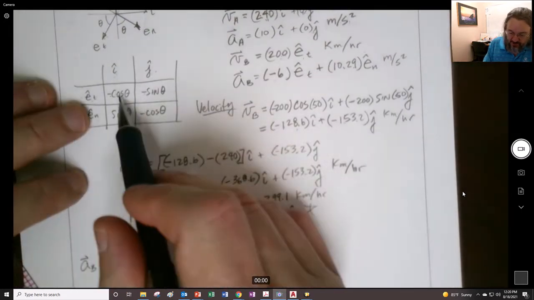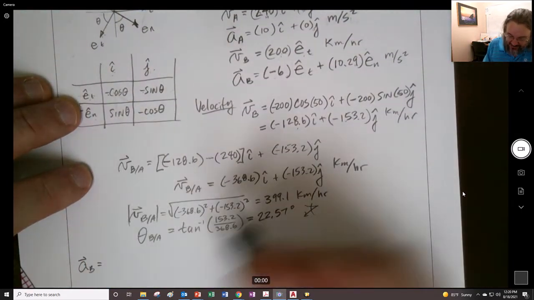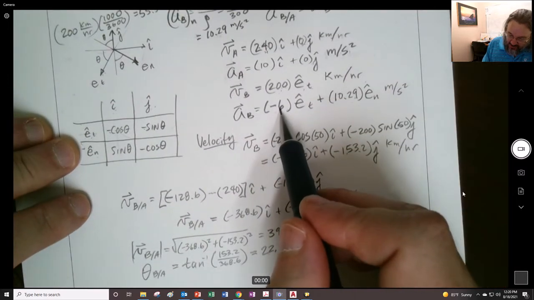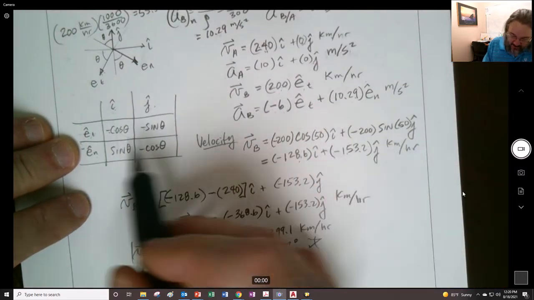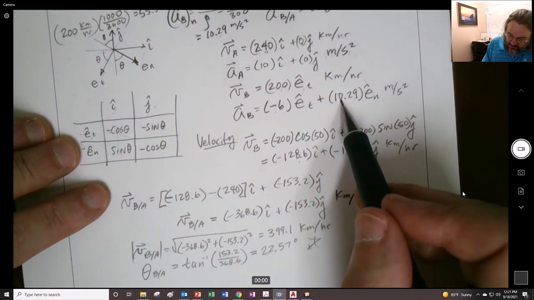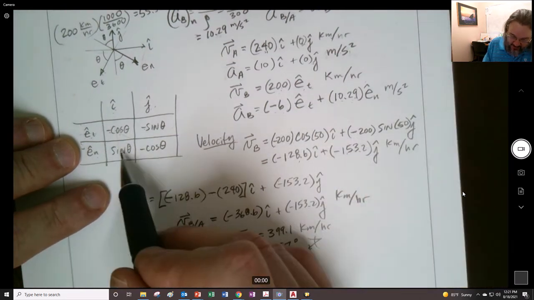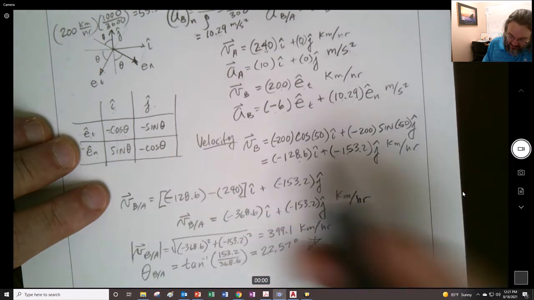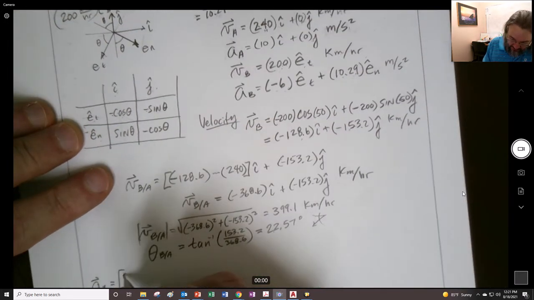But here I can just go ahead and take a look at the I's right here. So I go -6 times this plus 10.29 times that is going to be the I, right? So let me write that out.